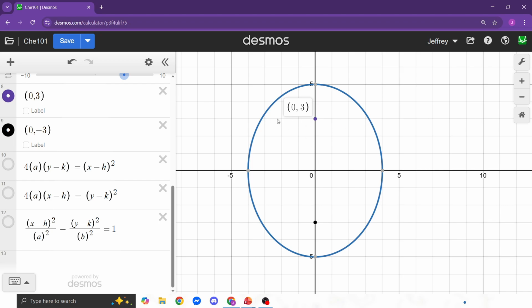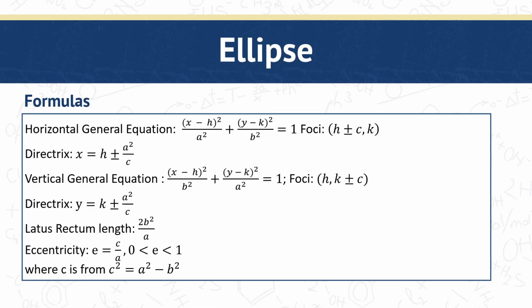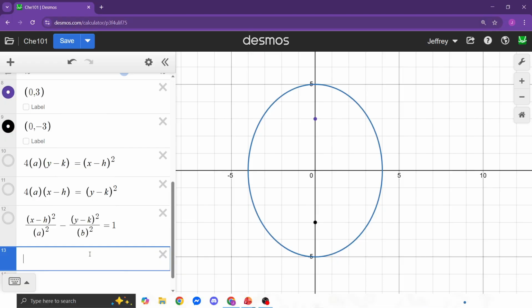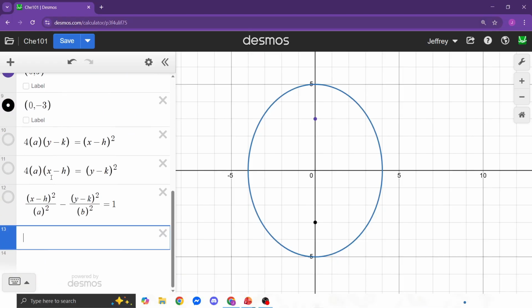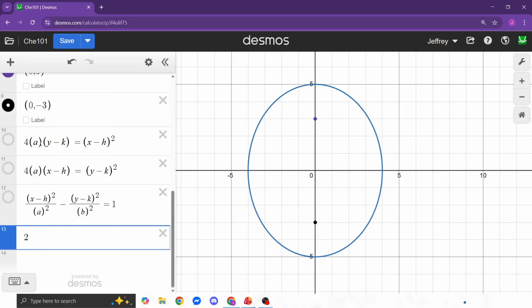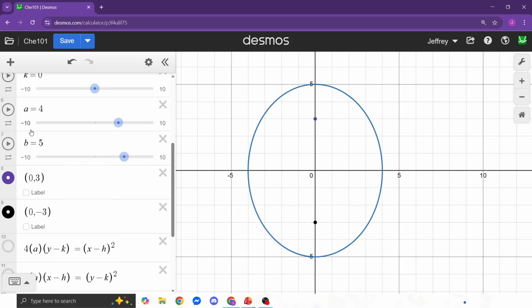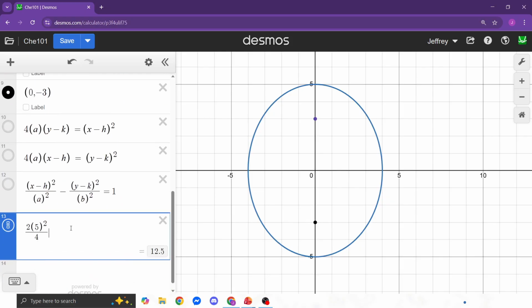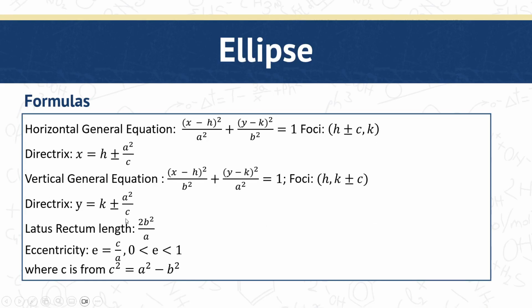But the latus rectum length will be 6.4 because, let's go back to the equation of the latus rectum length. 2b squared, so 2, 5 squared, divided by 4, 12.5.